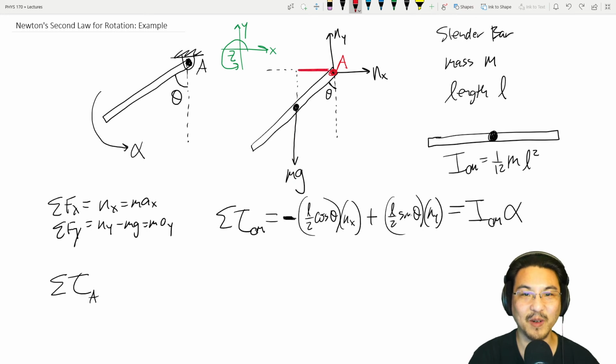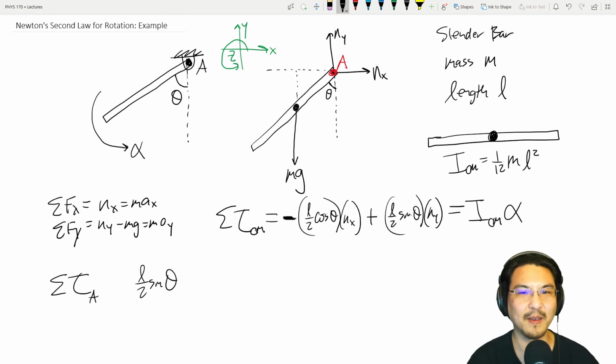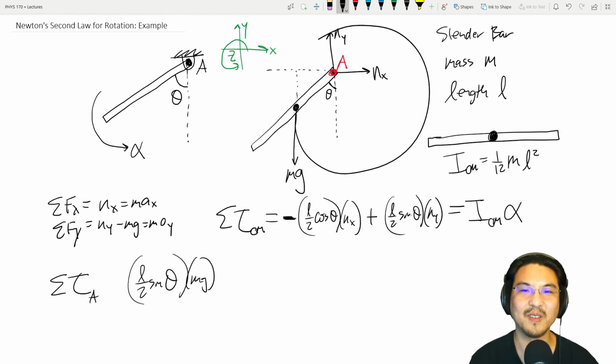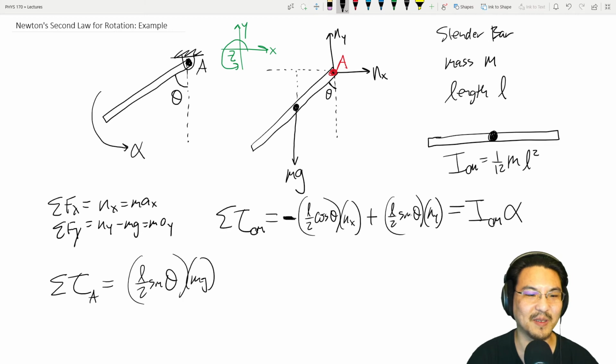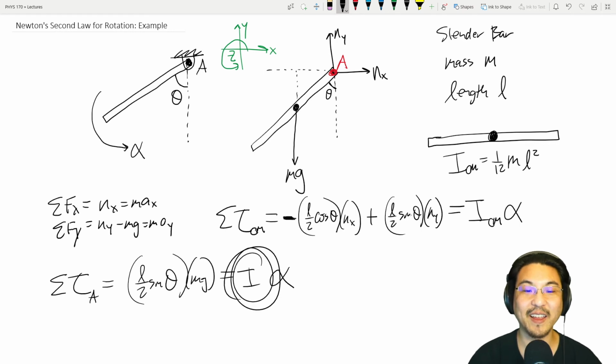So the lever arm is right here, which is L/2 sine theta, times mg, which creates a torque this way around point A, in the positive z direction. So this is positive.